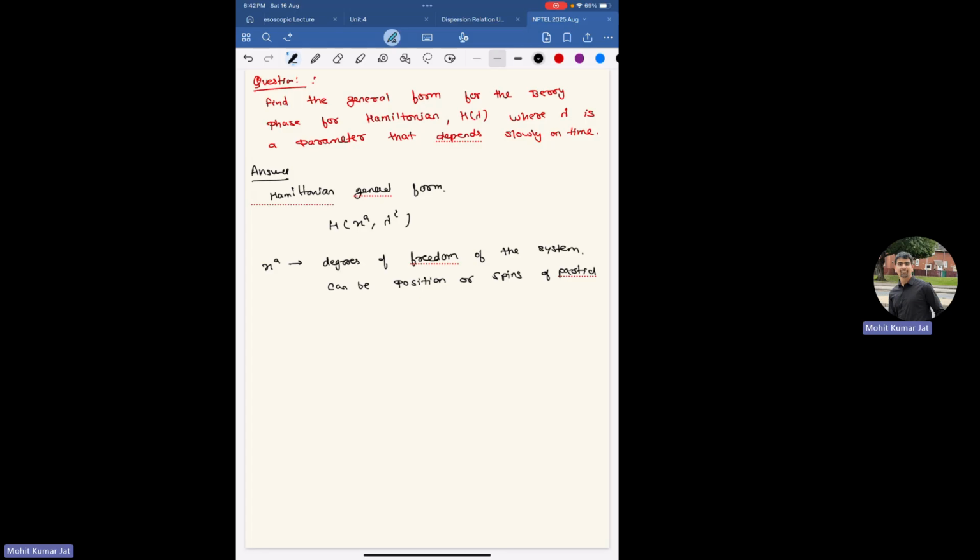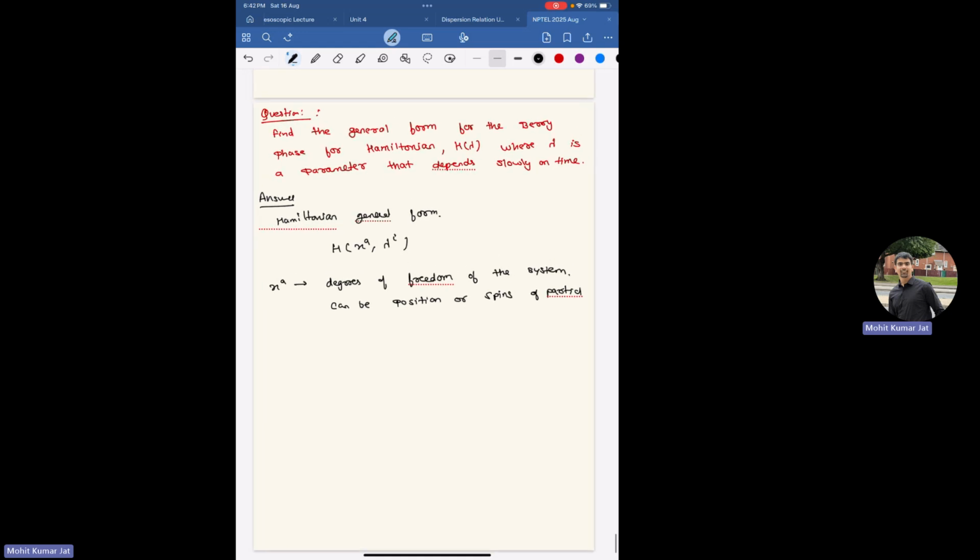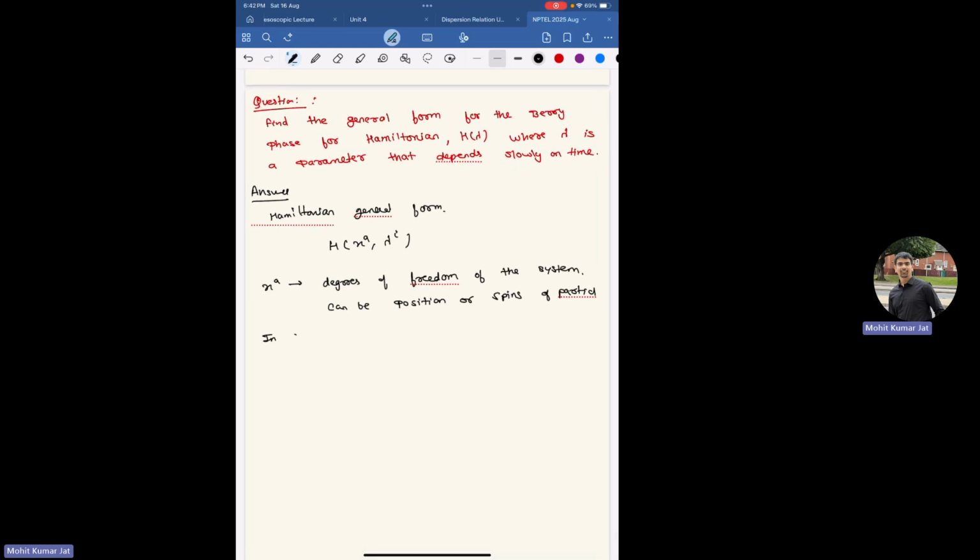In contrast, the other variable which I am using is the variable lambda i. This is another parameter of this Hamiltonian.